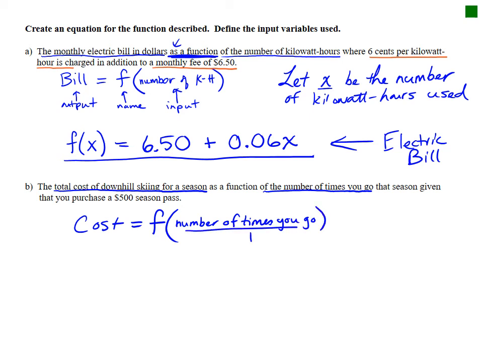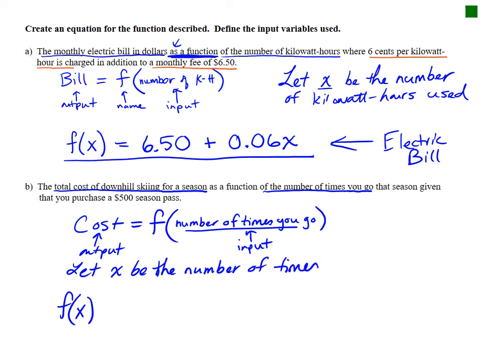So there's my input, and my output is my cost. So I want to create an equation for this scenario. My input, I'm going to call it x again, but you could use a different variable. And we're going to define that x. We're going to say let x be the number of times you go.